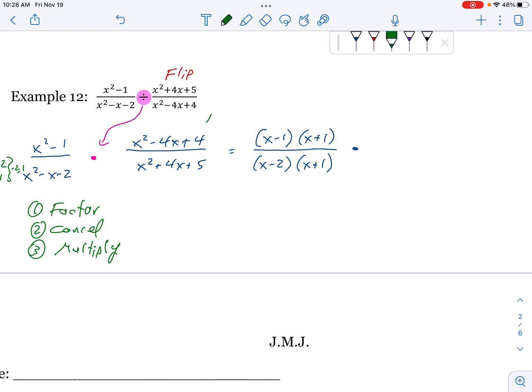Over here, looking for two numbers that multiply to 4 and that add to -4. -2 and -2 work. So I get one of those double roots if I were to do this by the discriminant. And then lastly, two numbers that multiply to 5 and that add to 4: 5 and -1.